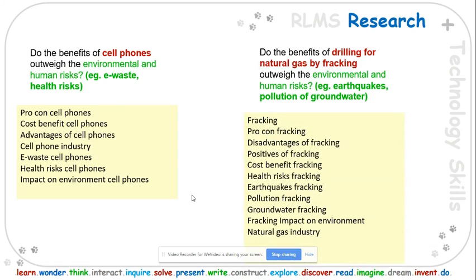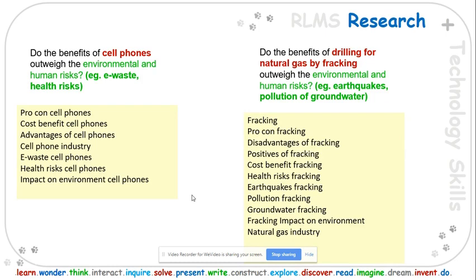Let's take a look at one of the other questions. You might not even know what fracking is. So you could just put fracking in and find out what is fracking, who does it, how does it work, etc. And again, then you start to add words so you understand each side of the issue: pro, con, disadvantages, etc. You could also add very specific words in addition to fracking, like earthquakes and fracking or groundwater and fracking.